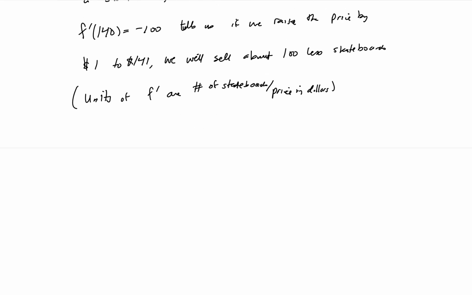So if we sell 100 less skateboards, it would be about 14,900 skateboards if the price is $141 for a skateboard.